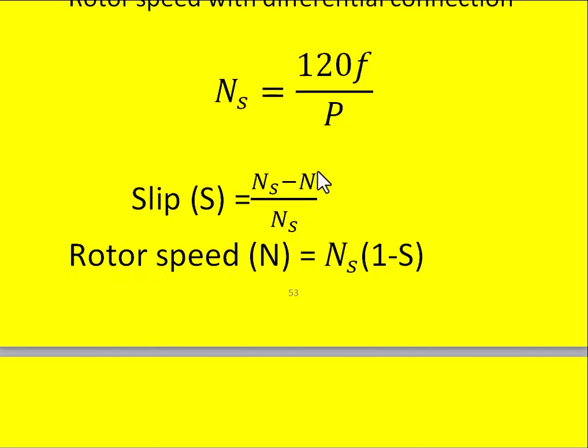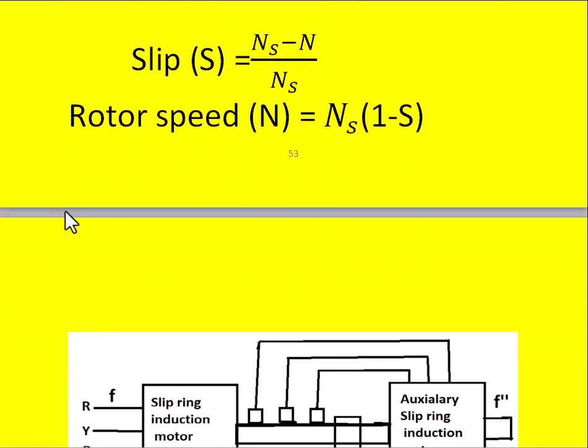This rotor speed n is related with slip and the synchronous speed like this: rotor speed n is equal to ns into 1 minus s. And these three definitions are extended to the two three-phase induction motors which are connected in cascade here.